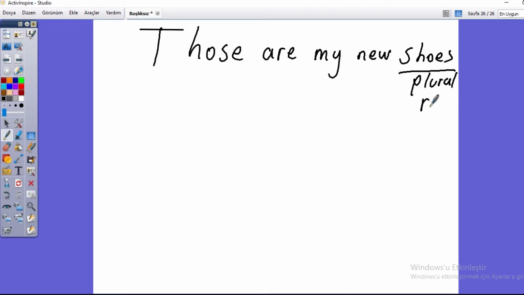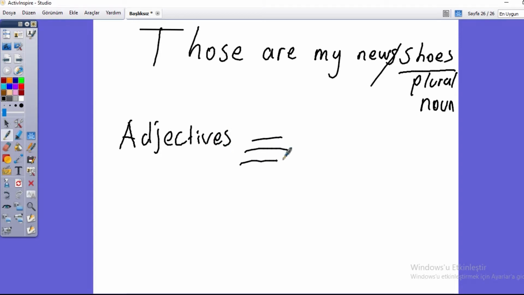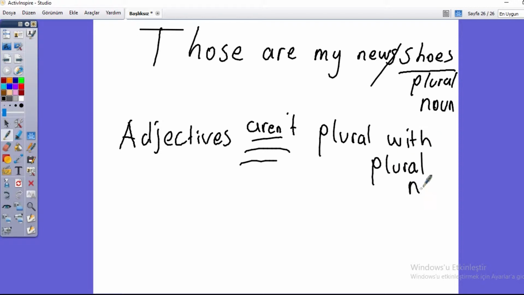Shoe, shoes. But adjectives aren't plural with plural nouns because adjectives have no plural form. So we can't say "news". So adjectives aren't plural with plural nouns.